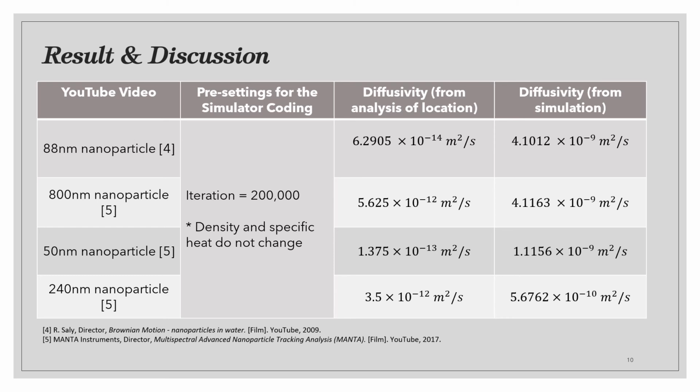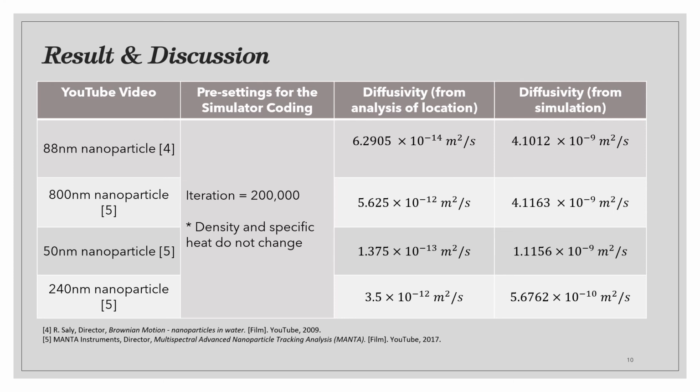Only the 88 nanometer nanoparticles have been analyzed 2 times, for 150 frames each, which equals 5 seconds, by tracking 2 nanoparticles in the video. It is believed that the more nanoparticles are analyzed, the more accurate the diffusivity result will be.